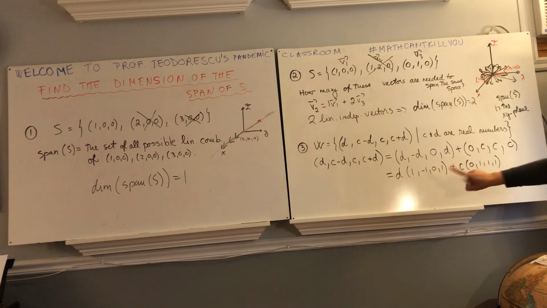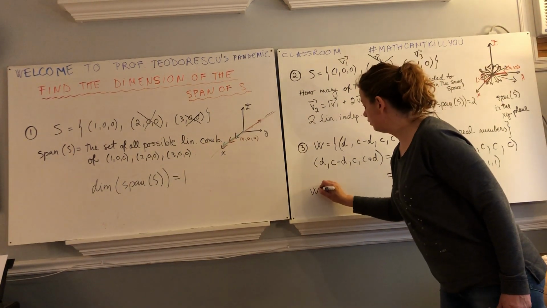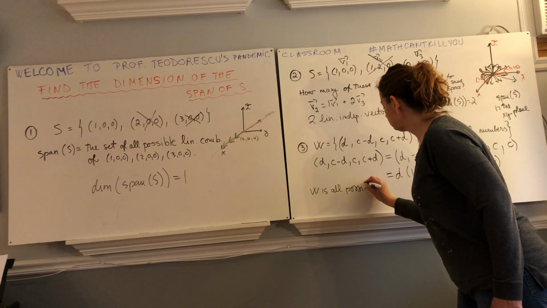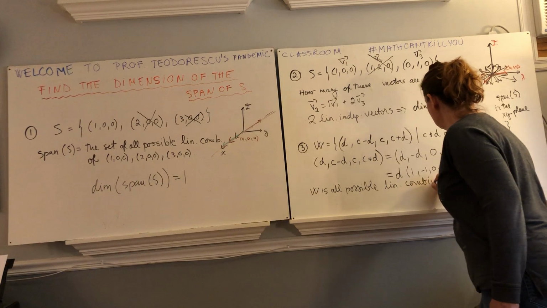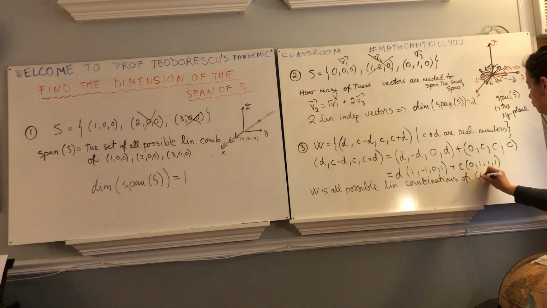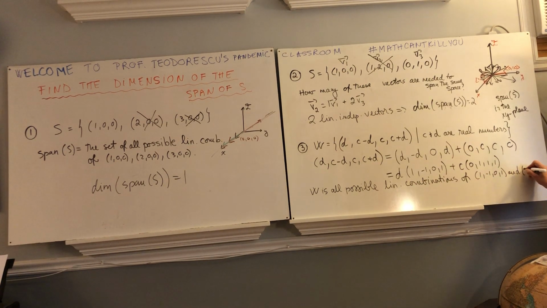We had a theorem right at the end of 4.4 that says two vectors are linearly independent if and only if they're not scalar multiples. So W, I'm going to say that in words, is all possible linear combinations of these two vectors, 1, -1, 0, 1, and 0, 1, 1, 1.